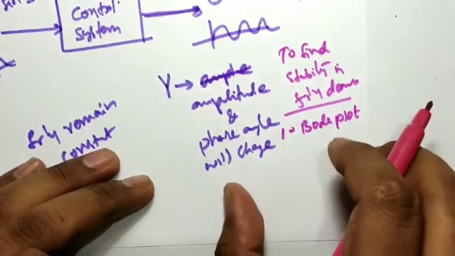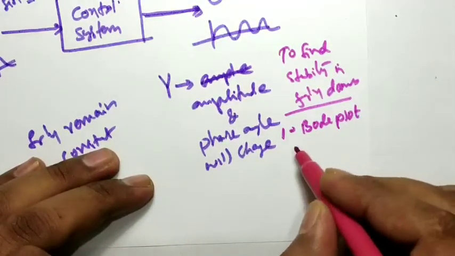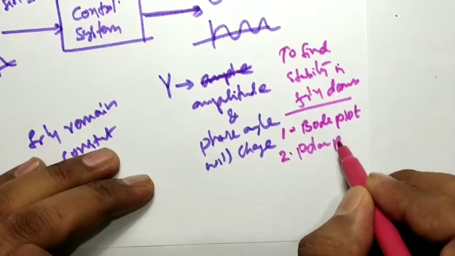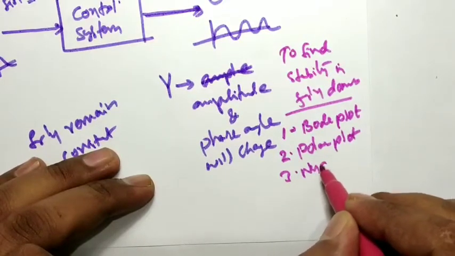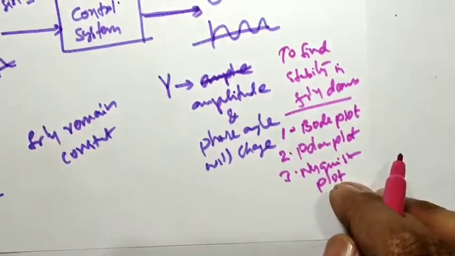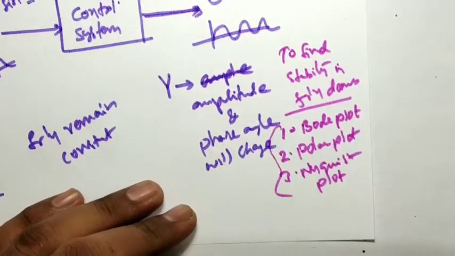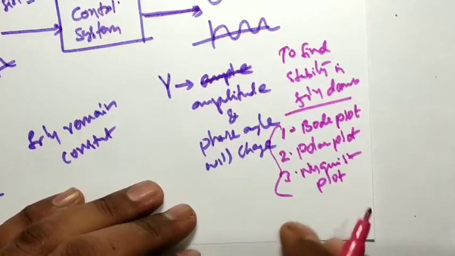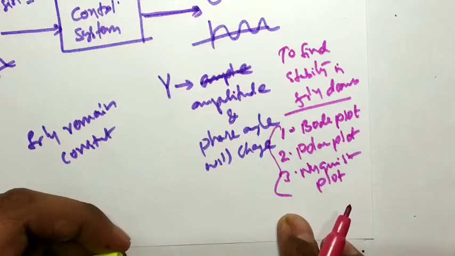The second is the polar plot. The third is the Nyquist plot. Of course there are many other methods, but in the university syllabus we have only these three: the Bode plot, the polar plot and the Nyquist plot. By using these methods, we are going to find the stability of the system.